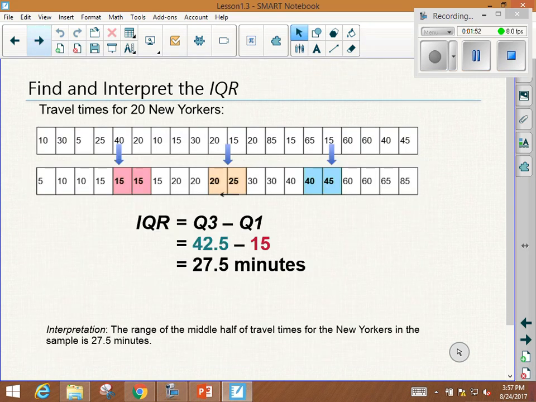And here's an illustration of how to calculate your interquartile range and a really nice interpretation of the interquartile range, right? If our data set is being split up into quarters, it would make perfect sense that there would be 50% of our data in between quartile 1 and quartile 3.